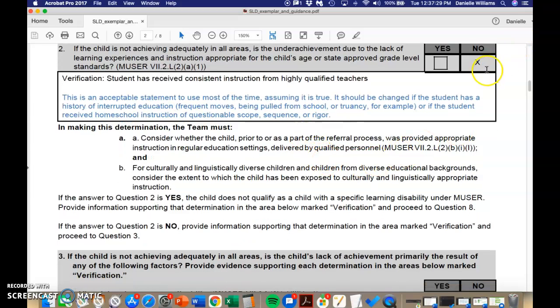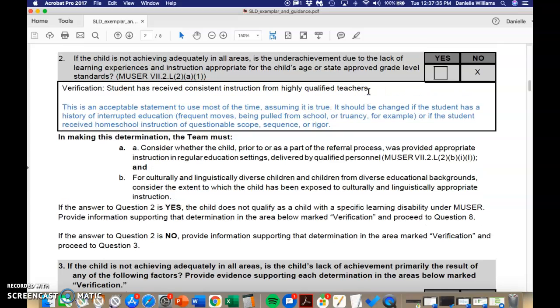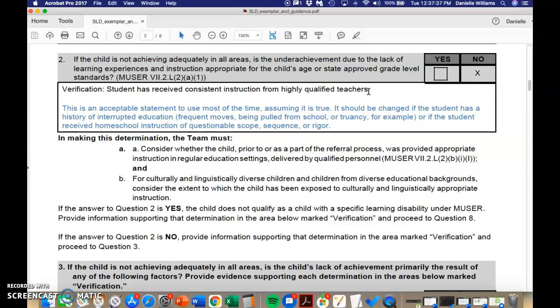Most of the time, we're going to say no, and we're going to use the statement that student has received consistent instruction from highly qualified teachers, because most of the time that statement is true. If for some reason that statement is not true, there's right here down in the blue a little statement that describes some reasons why the statement might not be true. You're going to reflect that here.